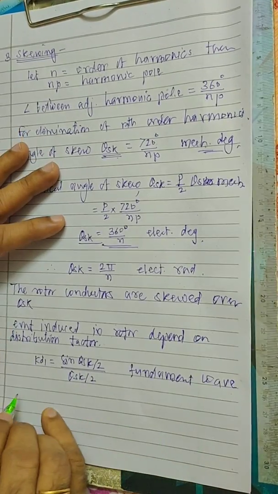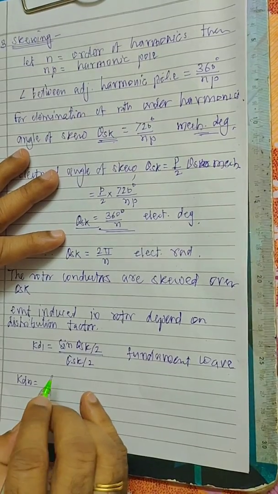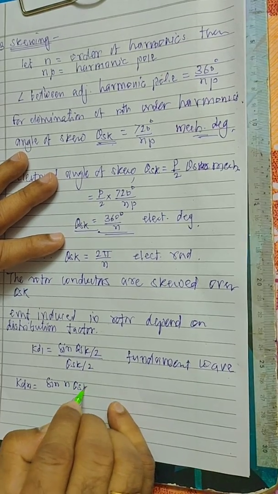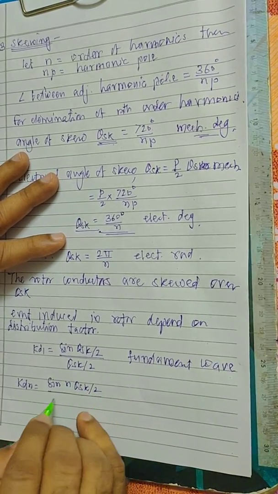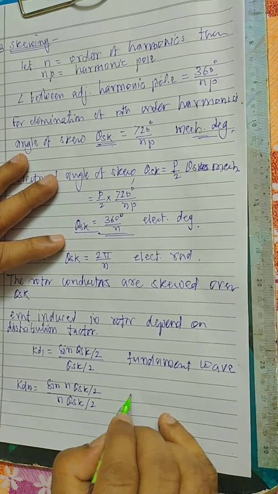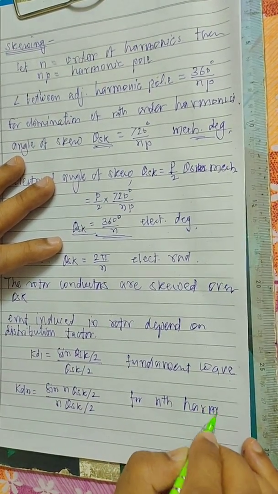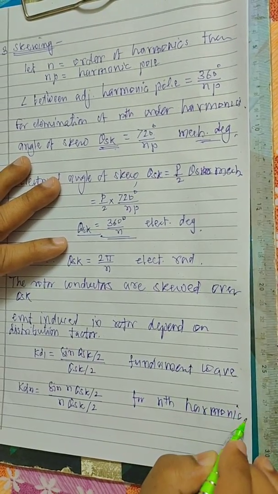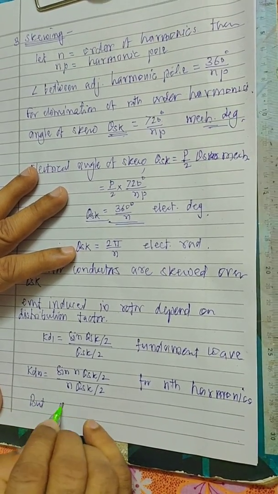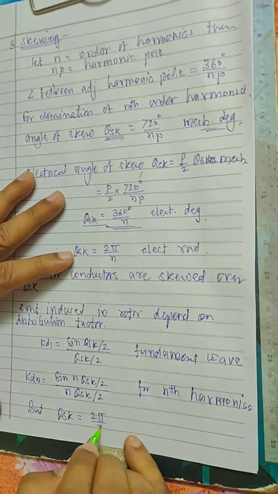Now the distribution factor for harmonic flux is equal to sine n theta sk upon 2 upon n theta sk upon 2. This is for nth order harmonics. But we have seen theta sk is equal to 2 pi upon n.